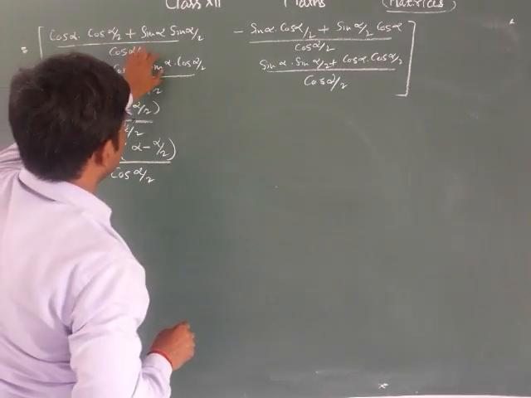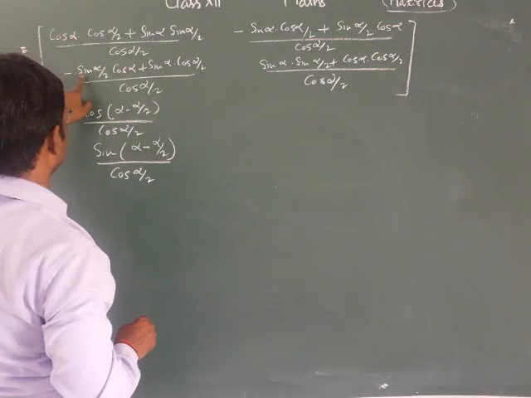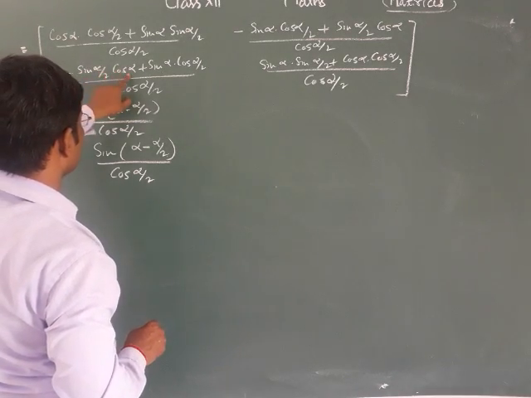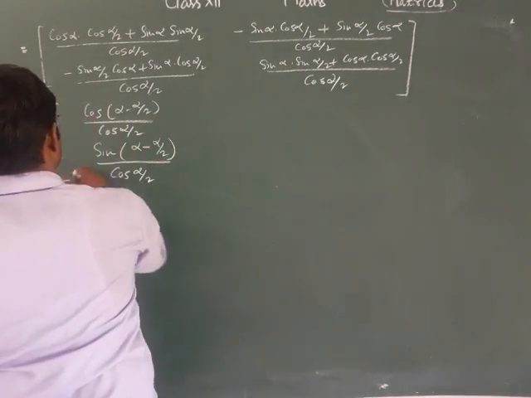So arrange this: sin alpha cos alpha by 2 minus sin alpha by 2 cos alpha.